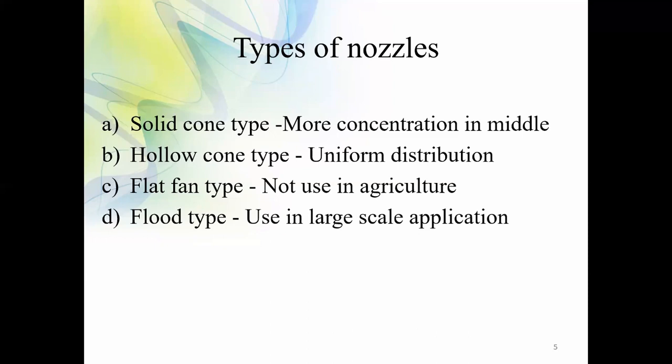This one is normally utilized in large applications, because in flat type nozzles, the application rate as well as the speed are high compared to the other types. So these flat type nozzles are utilized in large scale agriculture industries.